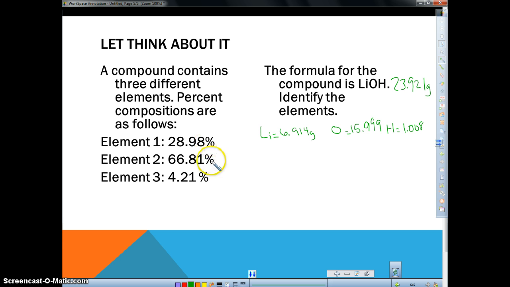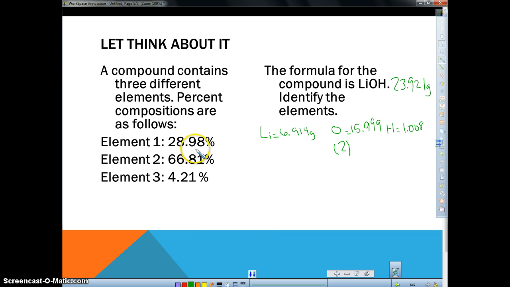Now these percentages are based on these masses of the elements that they contribute, divided by this total number. So just looking at the 66.81%, well, oxygen's the heaviest thing here, so it should make up a lot of the mass of my compound. So the 66.81% is probably oxygen. That's element number 2 that they've got.